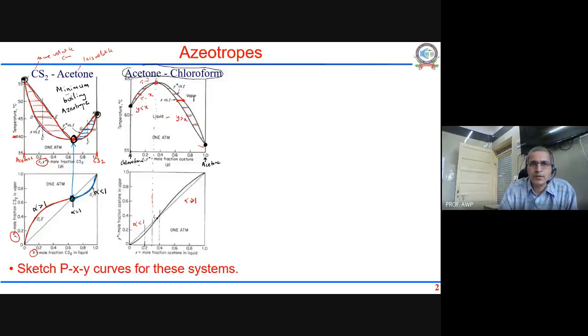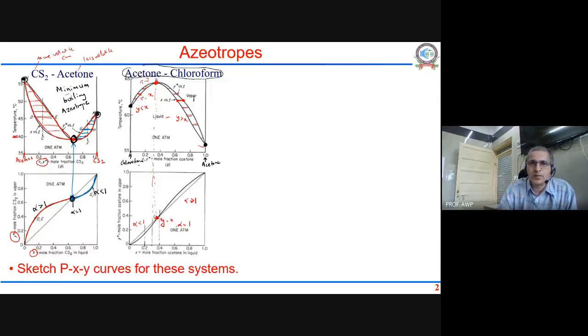This particular point, x and y are the same, and alpha is equal to 1.